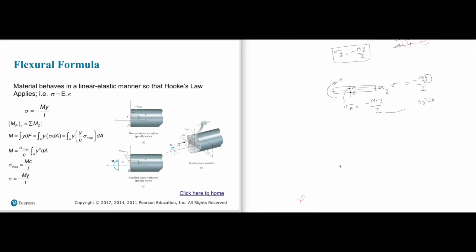We have a table and we have some known geometries. For example, for this shape, what is the moment of inertia with respect to that axis? Let's call this xx axis. What is the moment of inertia with respect to Ixx? If you know B, if you know H, it is BH cube over 12.